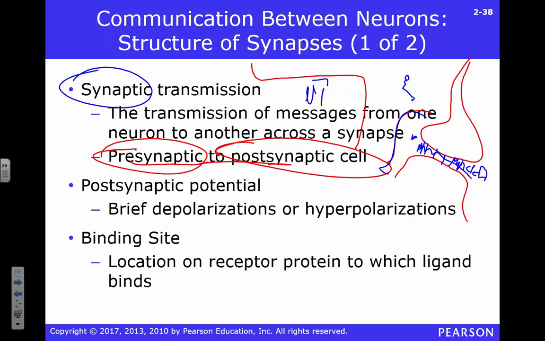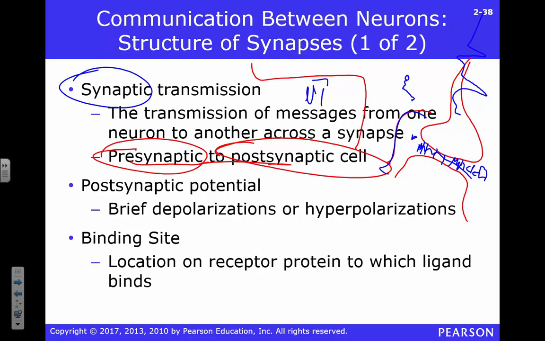When that action potential is coming down, right? When it's coming down that axon, it's going to get in your synapse here, your terminal. It's going to release these, we call them vesicles, synaptic vesicles. Inside of that are the neurotransmitter molecules.